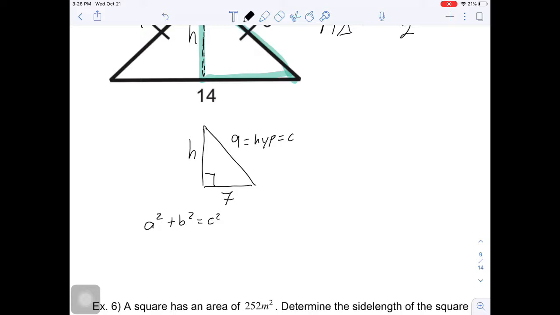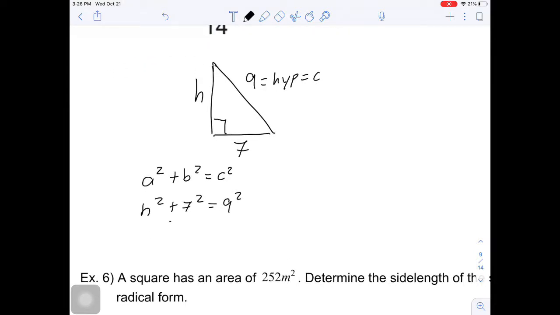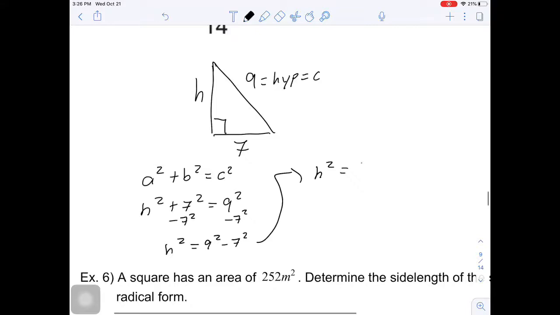So in order to find h, it'll be h squared plus 7 squared equals 9 squared. And then we can solve for h. So I'm going to subtract 7 squared from both sides, and I'll get h squared equaling 9 squared minus 7 squared. Now h squared equals 9 squared is 81, 7 squared is 49.